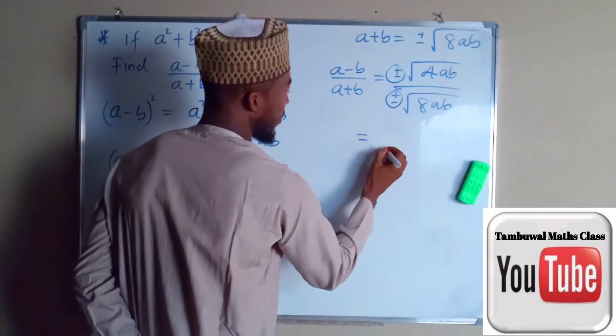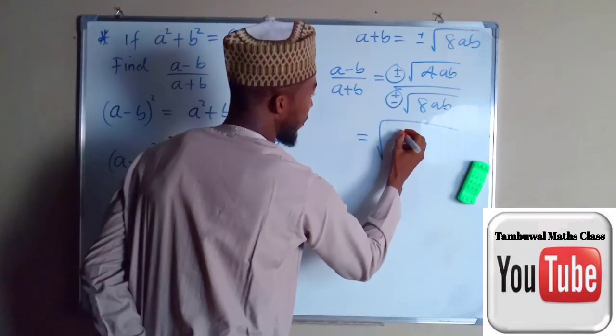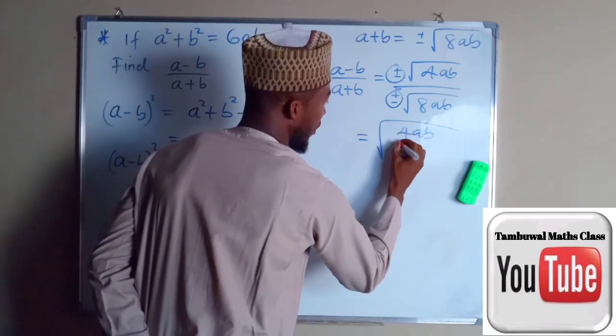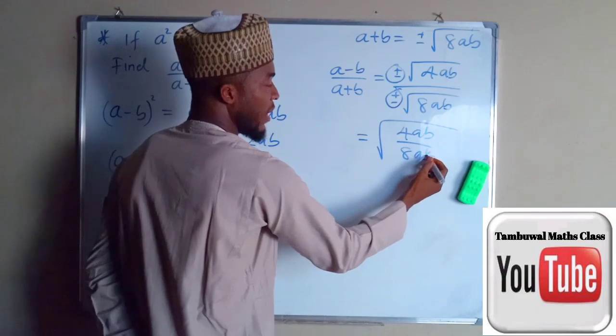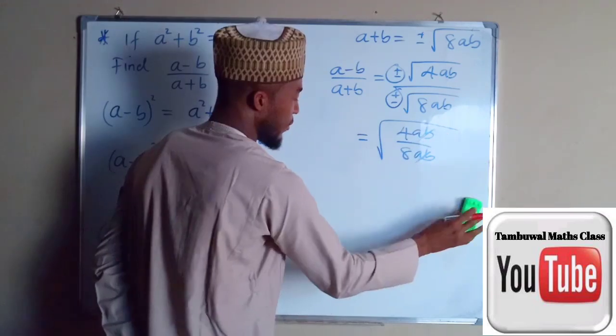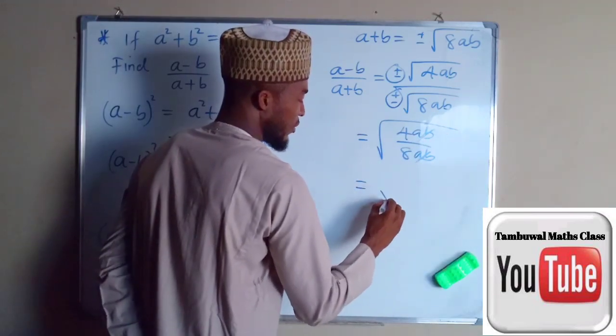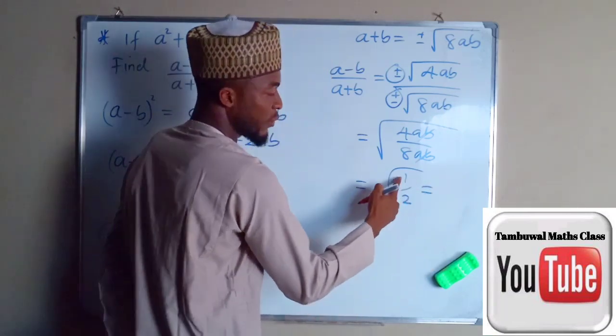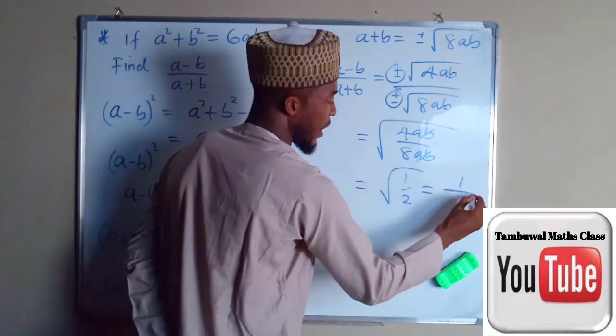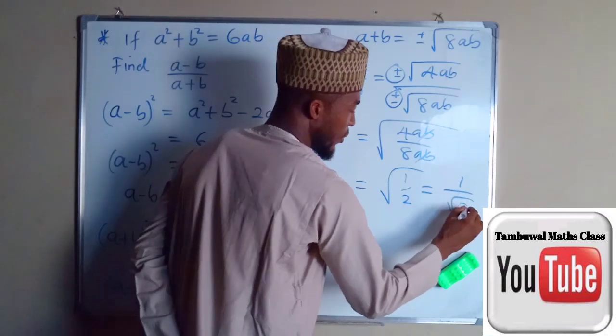So we end up having square root of 4ab divided by 8ab. From here, ab cancels ab. This is now equal to the square root of 1 over 2, which is the same thing as the square root of 1 is 1, and the square root of 2 remains root 2.